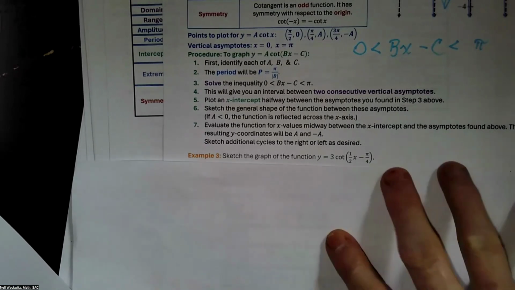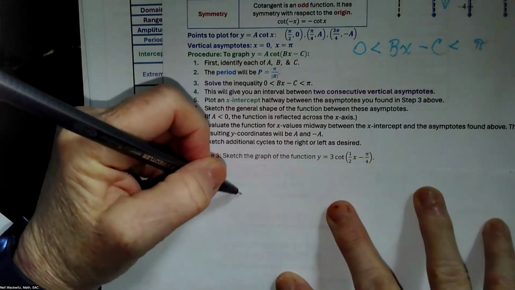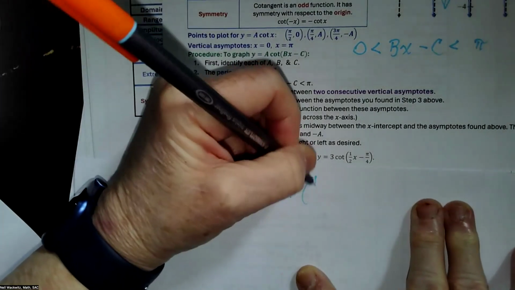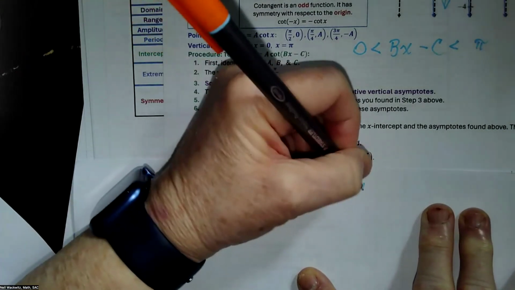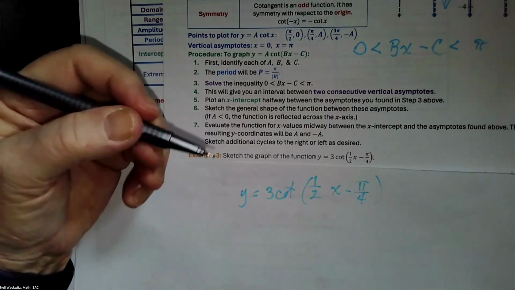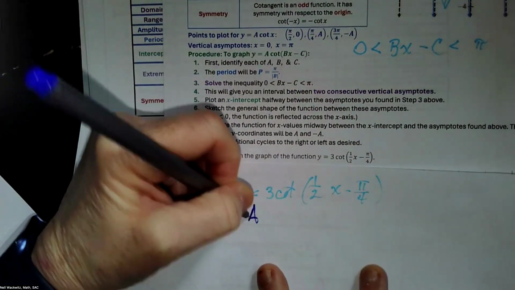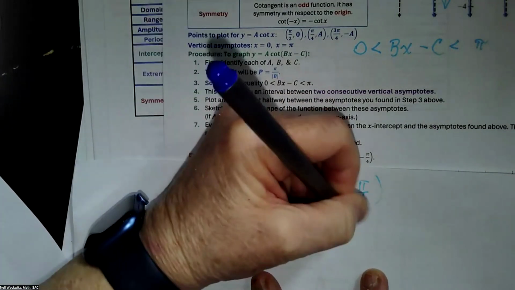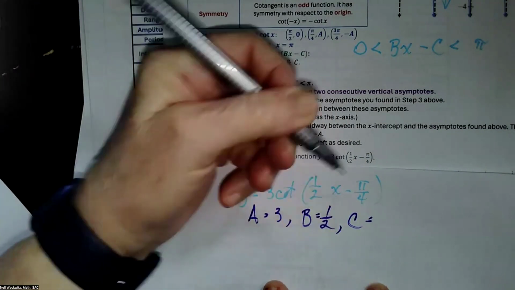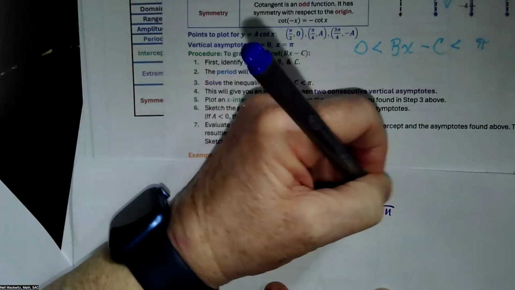So let's look at example 3. We have y is equal to 3 cotangent of 1/2 x minus pi over 4. What are a, b, and c? A is 3. B is 1/2. And then c would be pi over 4. Excellent.